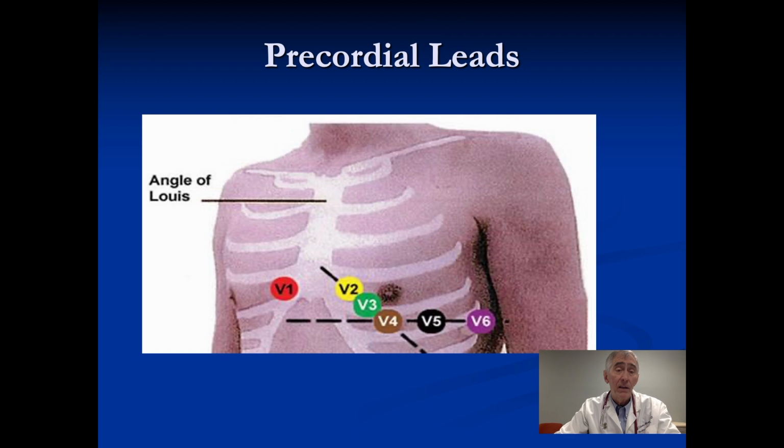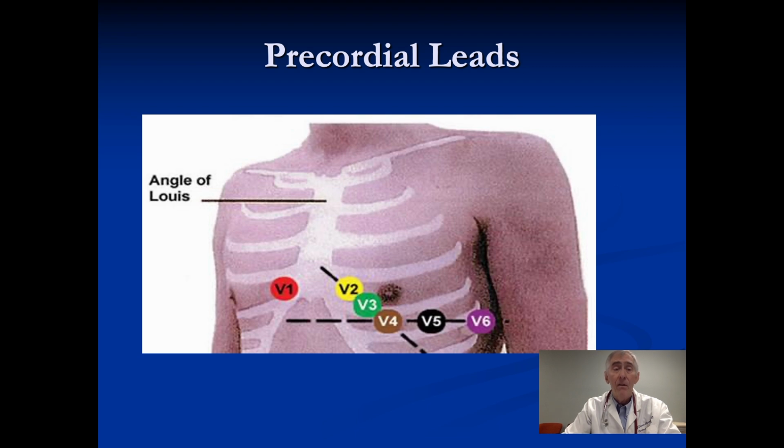V1 is in the fourth intercostal space to the right of the sternum. V2 is put in the fourth intercostal space to the left of the sternum. Then V3 is placed on the fifth rib, and V4 is the other major placement that we use, which is in the fifth intercostal space along the mid-clavicular line, straight down here.